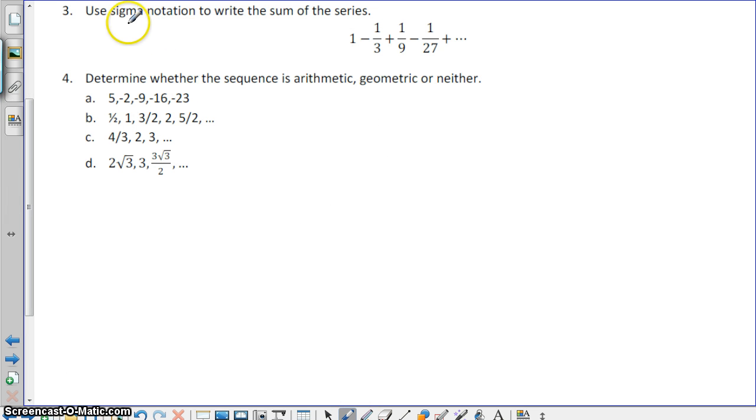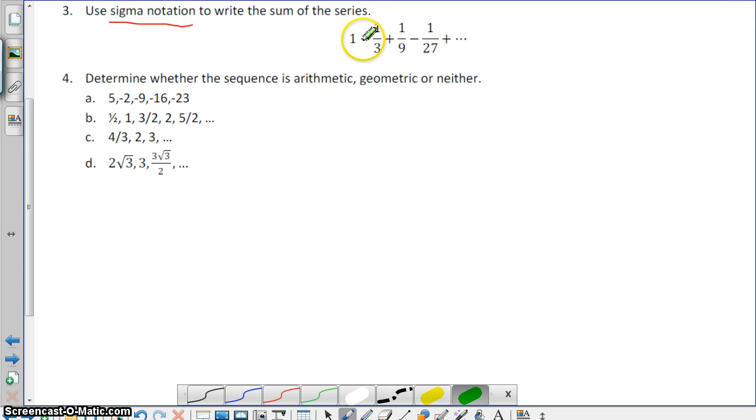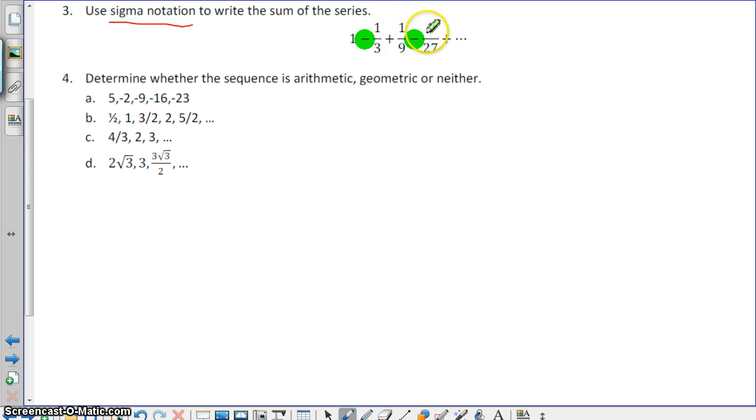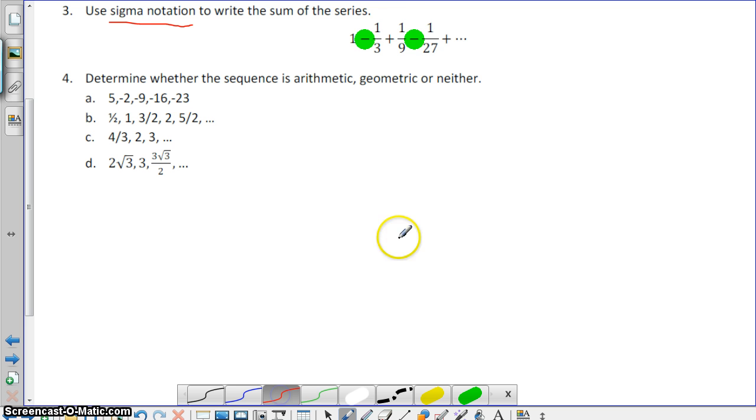Number 3, another sigma notation. I can see right away that this is going to be the type of problem that's called alternating, since it goes from positive to negative to positive to negative to positive and so on. So I'm going to have to keep that in mind. This one's a pretty obvious geometric sequence, since it goes from 1 to 1/3 to 1/9 to 1/27.